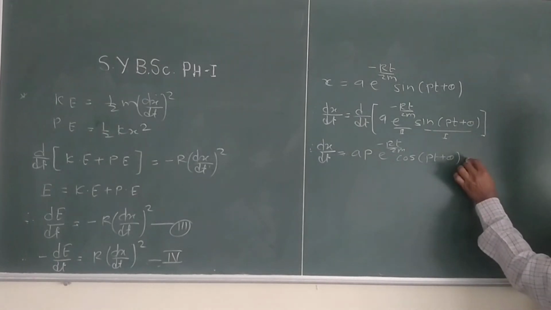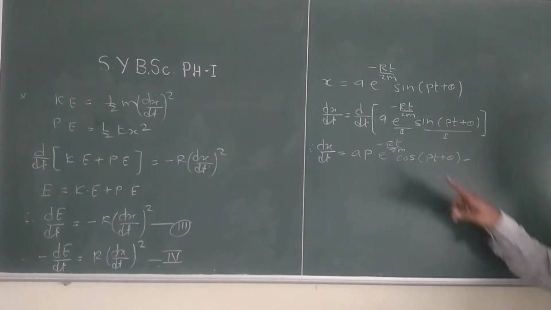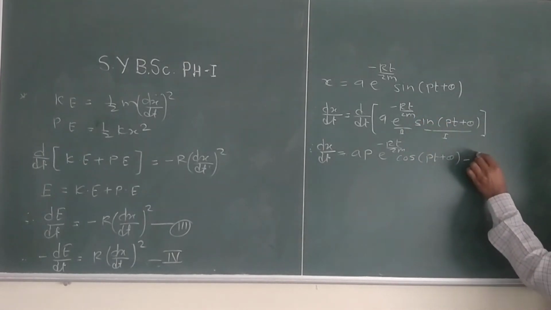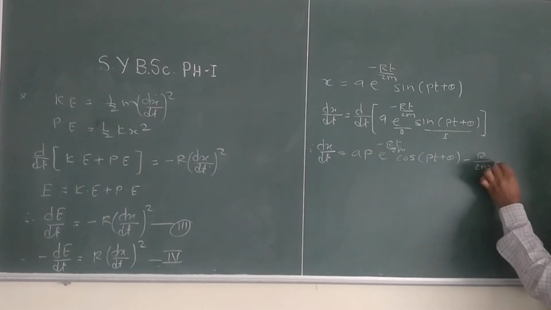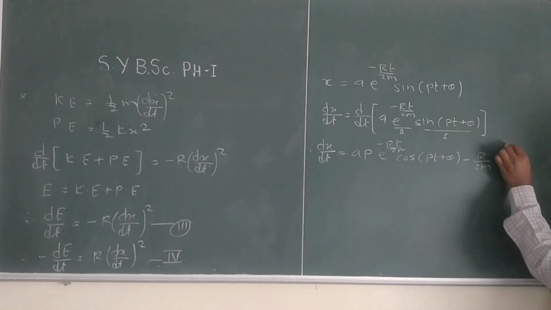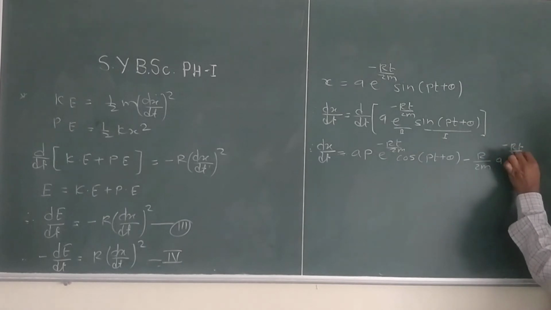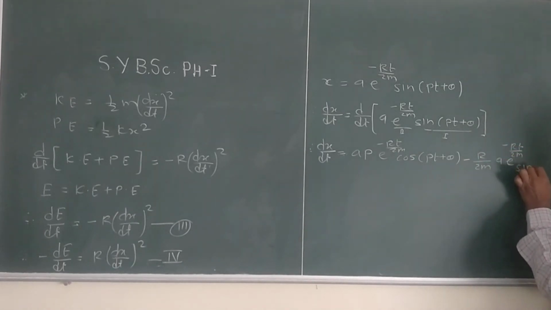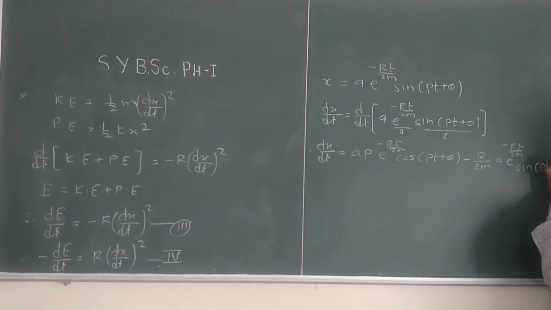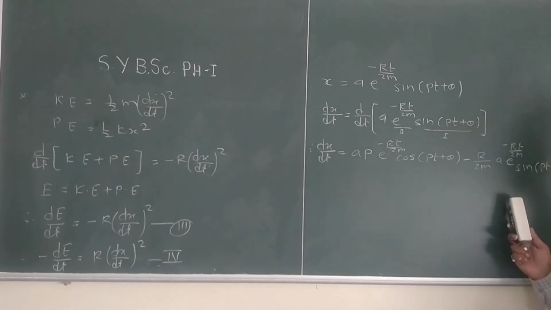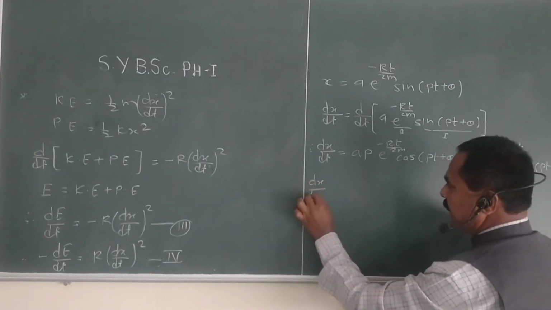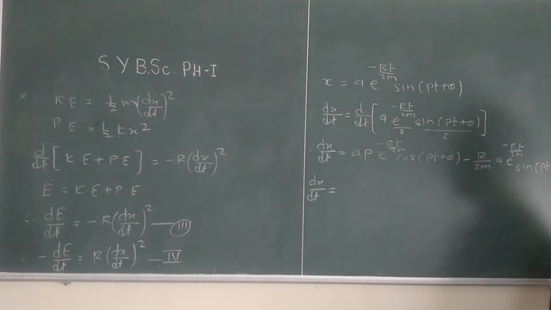Then we write the differentiation of the first, that is e raised to minus rt upon twice m, so minus r upon twice m e raised to minus rt upon twice m, and this sine of (pt plus theta) as it is. Now we take this dx by dt.